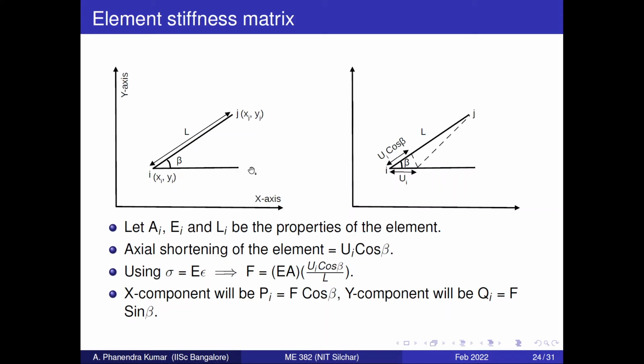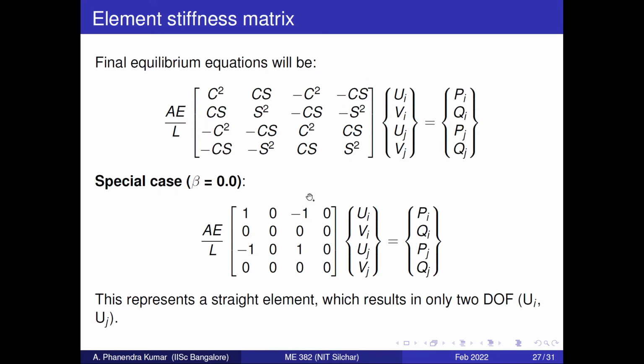So it is just xi. No yi terms will be there, so there won't be any displacement in the y direction. So we won't have vi and vj. That makes the matrix AE by L, [1, minus 1; minus 1, 1]. Just a 2 by 2 matrix of k and a 2 by 1 degrees of freedom vector.